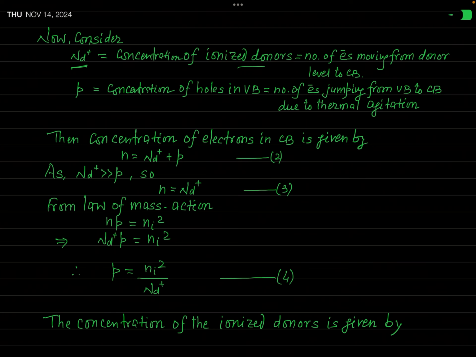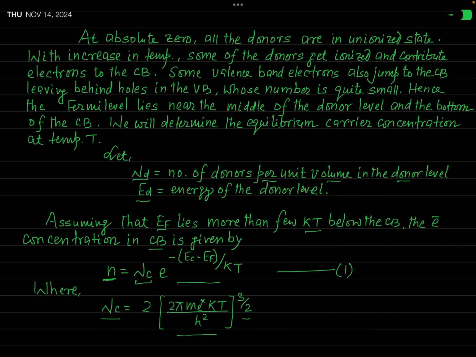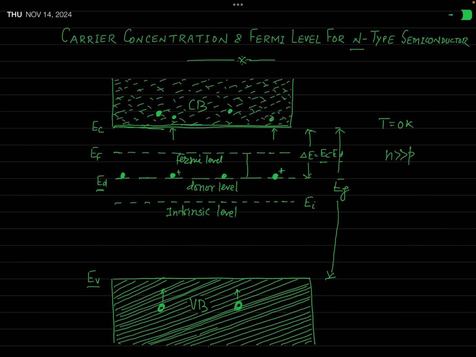Okay, but if Nd+ is the number of ionized atoms in the donor level, then due to this ionization process, the same number of electrons have jumped to the conduction band. You can see in this figure that 2 atoms are ionized, and due to this, 2 electrons move to the conduction band.